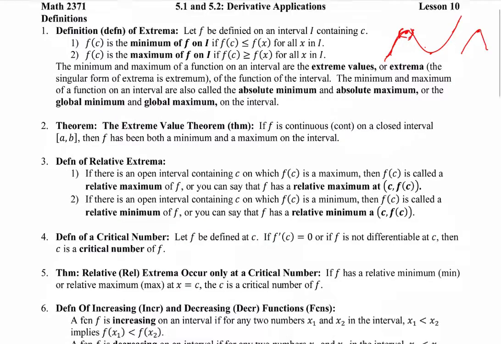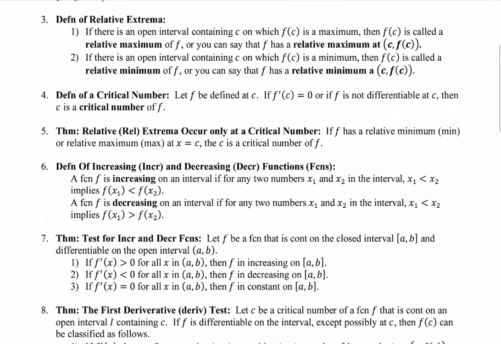So now let's go on. The critical points, or critical numbers, are all the possible points for the relative extremum, and that is where the derivative equals 0. So these occur where f prime of x equals 0.